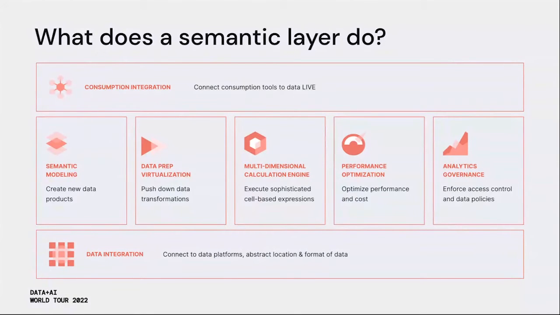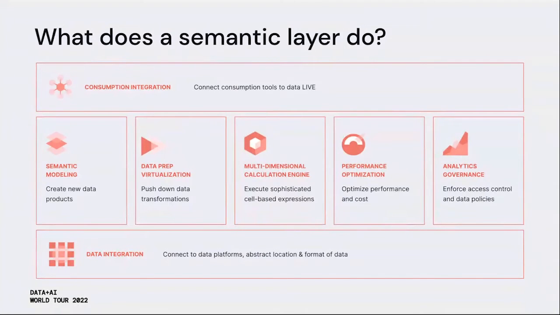And then finally, it needs to be able to apply row level security and object level security and masking live at query time using the metadata and the semantics defined in that semantic model.